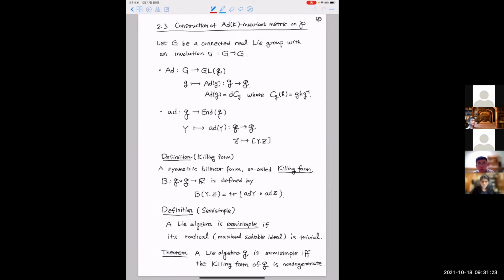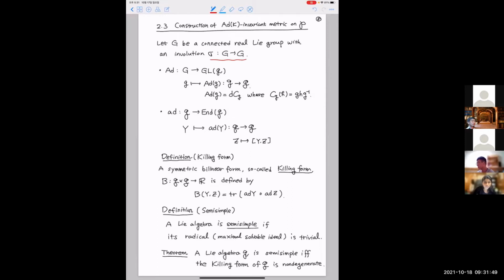So how to construct the adjoint K-invariant metric on P? Given a connected real Lie group G with an involution sigma of G, this story comes from just the real algebra.